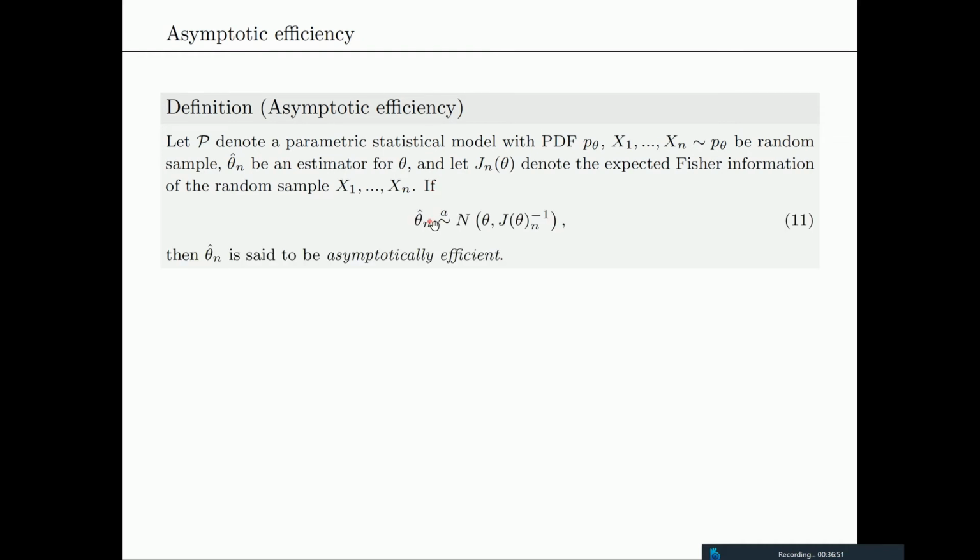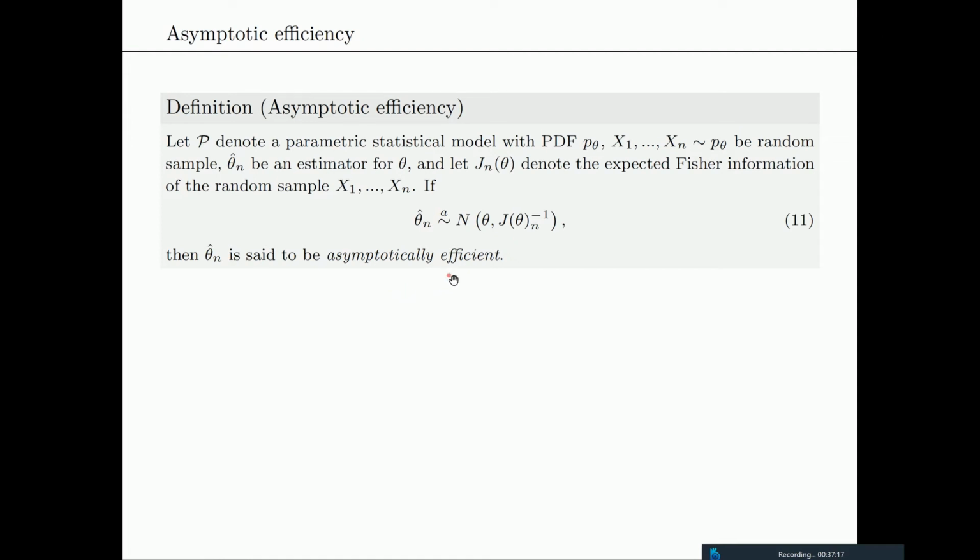If now an estimator is asymptotically normally distributed and has as its expectation the true but unknown theta parameter, and as its variance parameter the inverse of the expected Fisher information of the random sample, so this n should be here, it's a little bit off, then theta hat n is said to be asymptotically efficient.